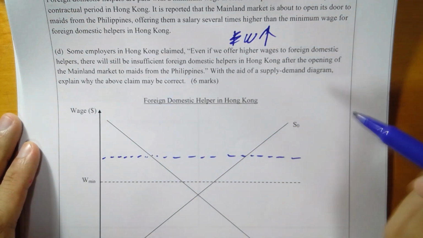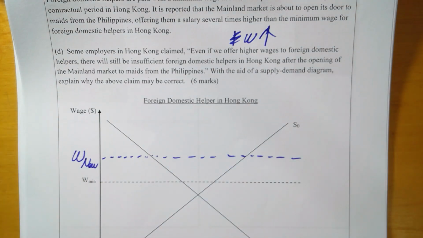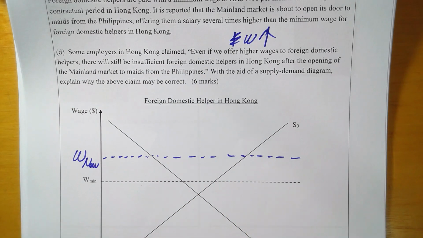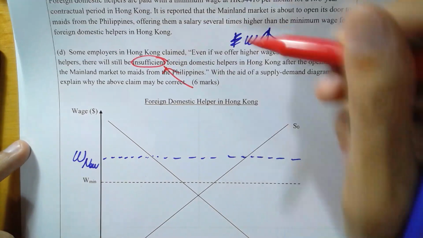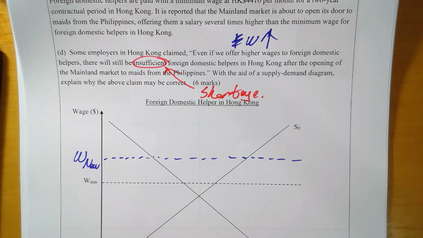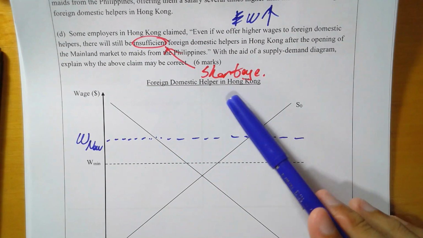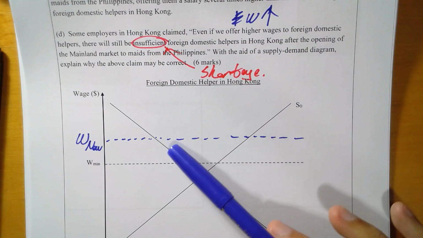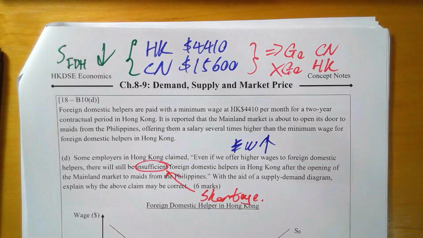Since we are willing to increase the wage, okay, this is a new wage, but then they still find there would be insufficient foreign domestic helpers. 即係咩意思啊？Shortage, right? But then we have a funny situation. 咦，我哋要解釋係 shortage 喎，but how come this is a surplus, right? 即係點搞啊？I think I already tell you the answer.